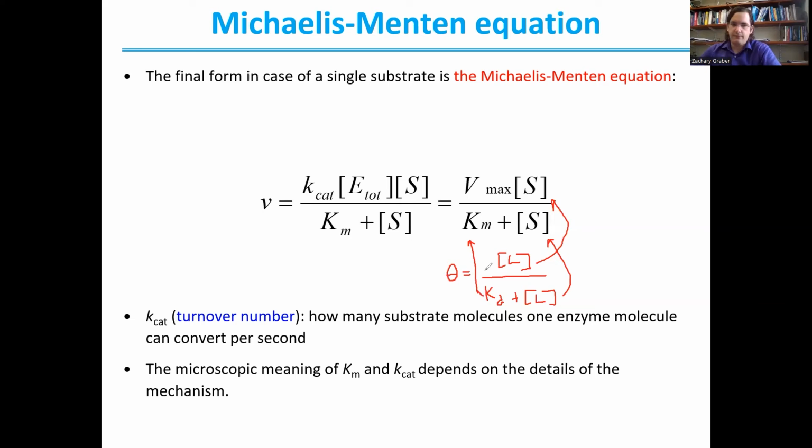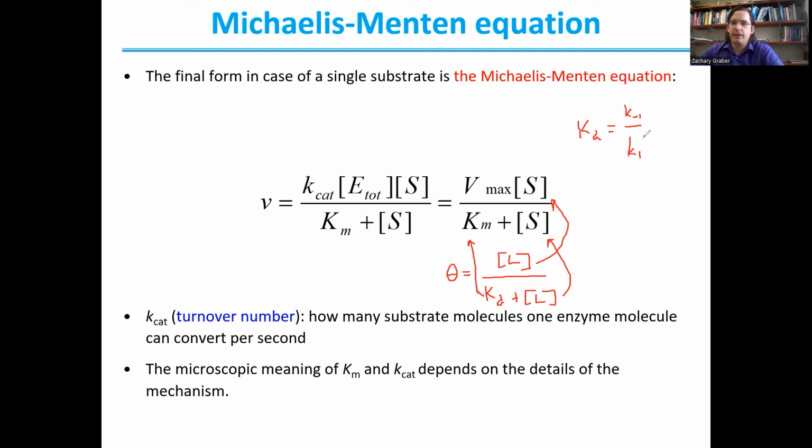So again, kind of showing that Km does roughly indicate the Kd of our enzyme, although, again, it is more complicated than that. We do have other rate constants that are rolled into that Km as well. You might remember that our Kd expression actually relates to the rate constant for the dissociation from our enzyme substrate complex, or protein ligand complex in this case, over the rate constant for the association, right?